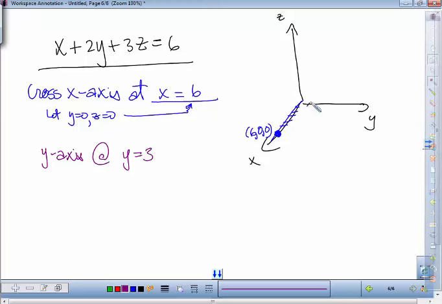That's what I got. So I'm here at 0, 3, 0 as another point on this. And then let's take that last one, z-axis, at z equals 2. So I have that. Okay?